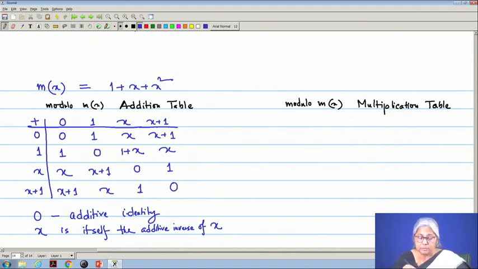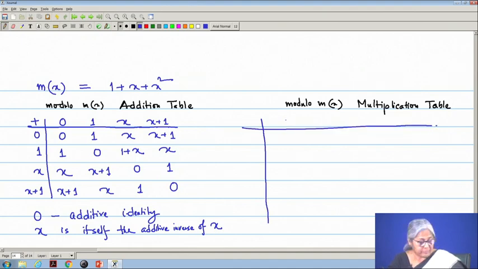So, again if I do the table, I will take 0, 1, x and x plus 1.